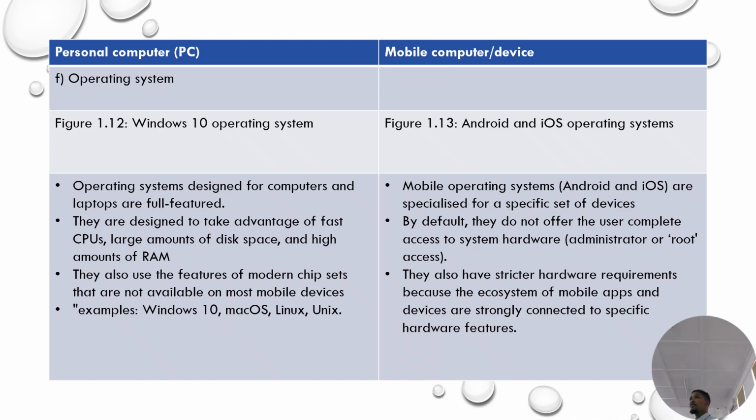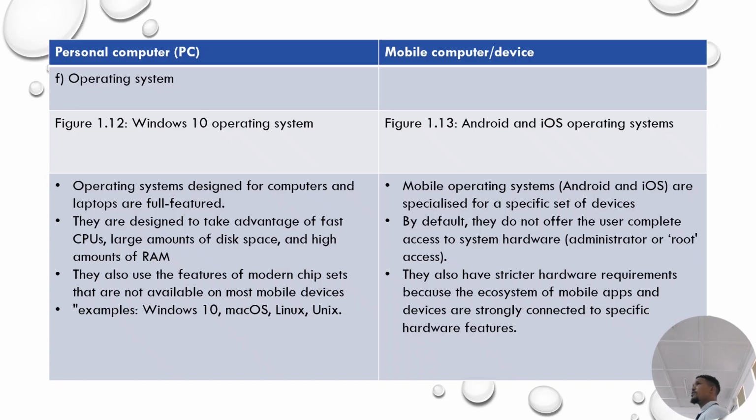Operating systems are designed for computers and laptops which are full-featured. And then with your mobile computer, which is your Android or iOS system or iPhone, by default they do not offer the user complete access to the system hardware.